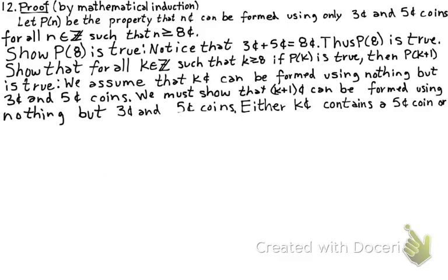Sophie's quiet. So either it contains a 5-cent coin or it doesn't contain a 5-cent coin. So then we say case 1: K cents contains a 5-cent coin.